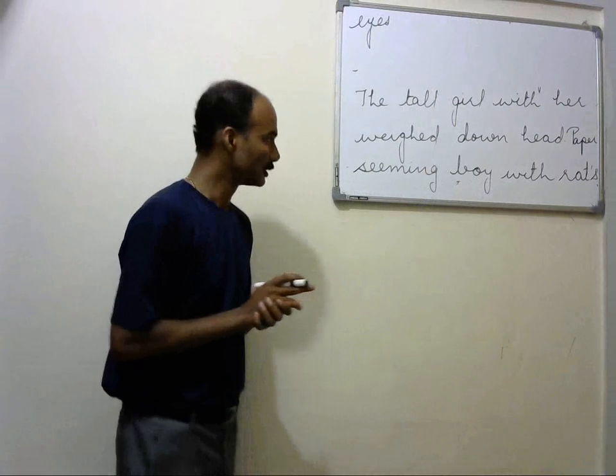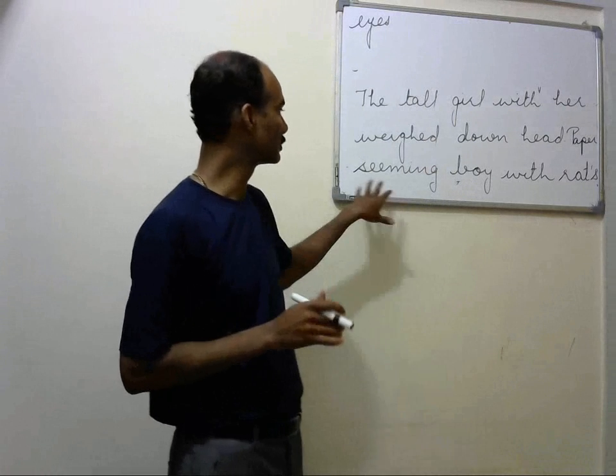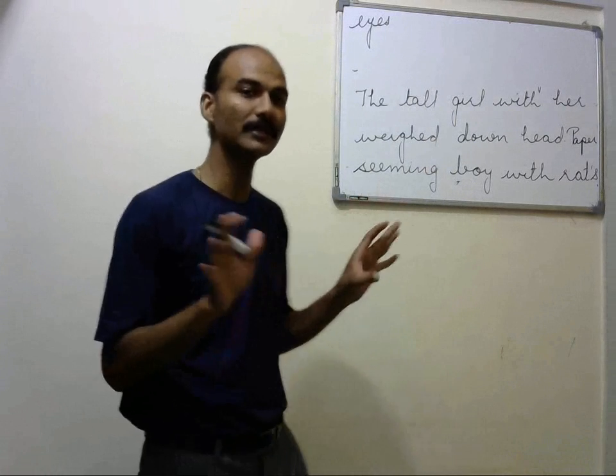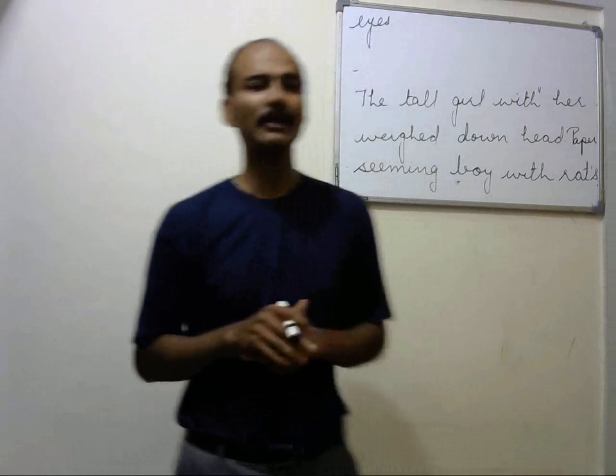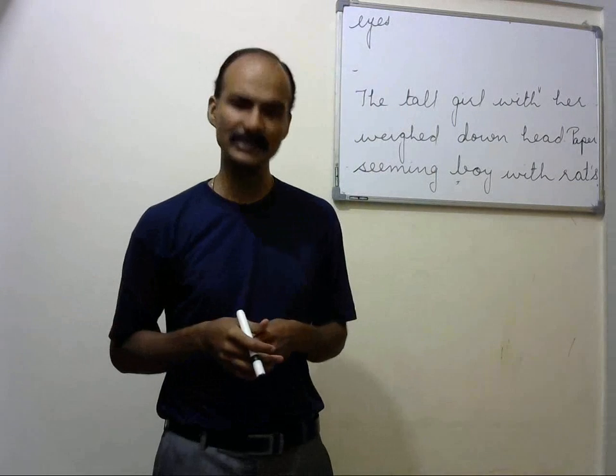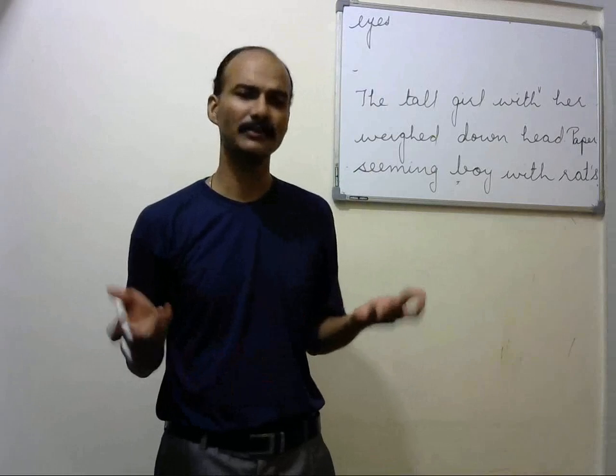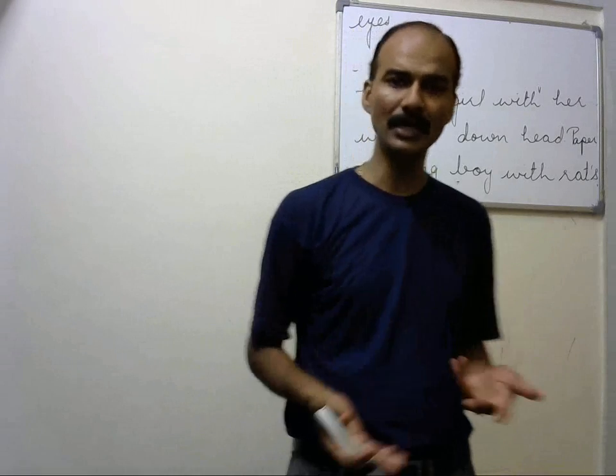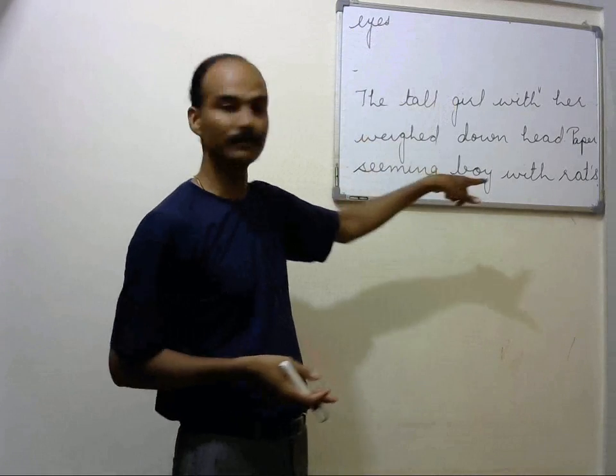The poet is comparing the children with paper, that they are paper seeming. It means very thin, lean and lanky, emaciated, of course, because they don't get sufficient food. They are all starved. So that's why paper seeming.